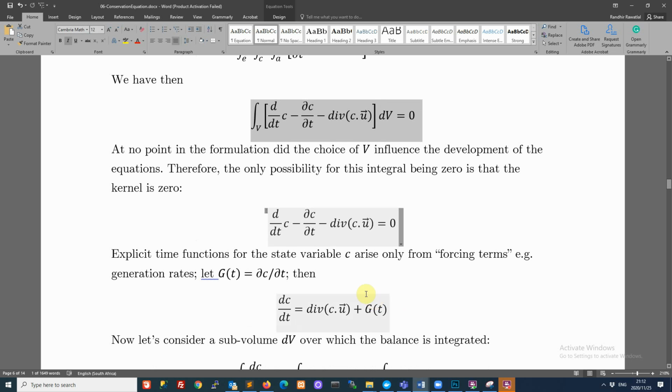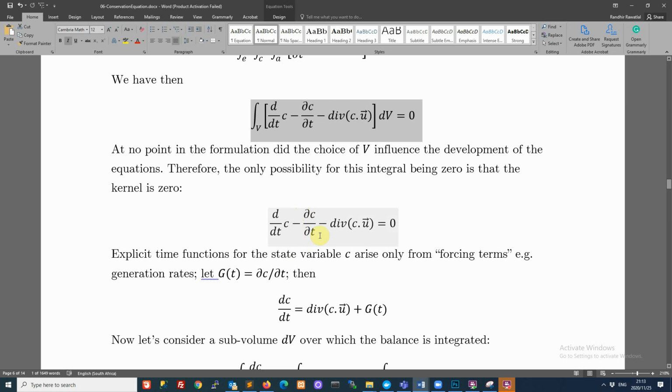Now, if we further think about the meaning of this function, this term dc dt, that only arises if we have some explicit function of concentration in time. So if we have concentration as a function, and if there's a part of that which has an explicit dependence on time, then this term would be non-zero.